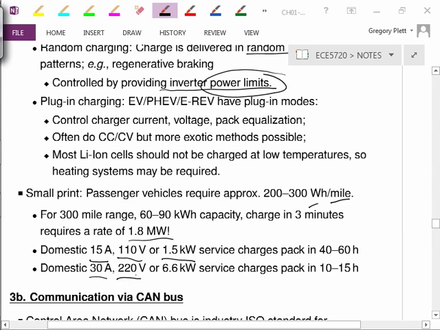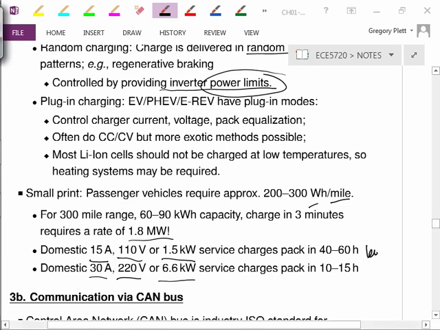Your clothes dryer runs off something about that size. That's a 6.6 kilowatt service, and that would charge your battery pack in about 10 to 15 hours, which is much more doable. If I drive around all day for a few days and I deplete my 300-mile range, and then I plug in at night, usually I'm at home most nights between 10 and 15 hours. And so that would be sufficient to recharge all the way, or at least most of the way.